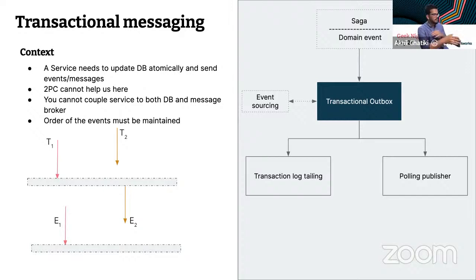This also has concerns about the order of the events. Suppose transaction T1 has come first, and transaction T2 has come next. The event associated with T1 should happen ahead of E2. E2 should not go before E1 goes to the next service. So this is what transaction messaging is all about.